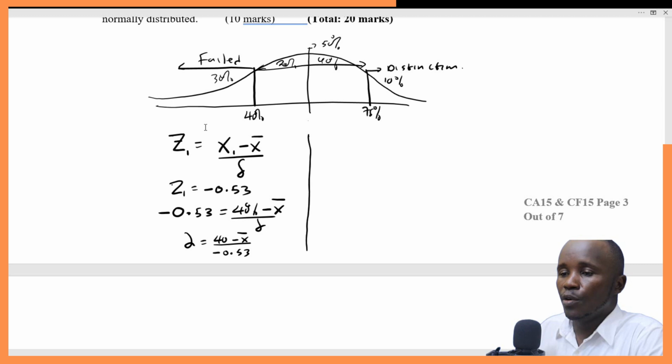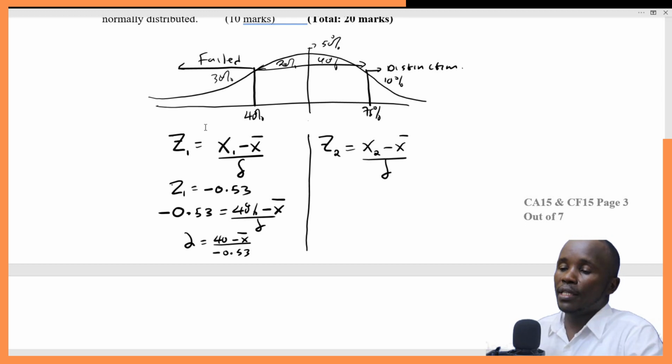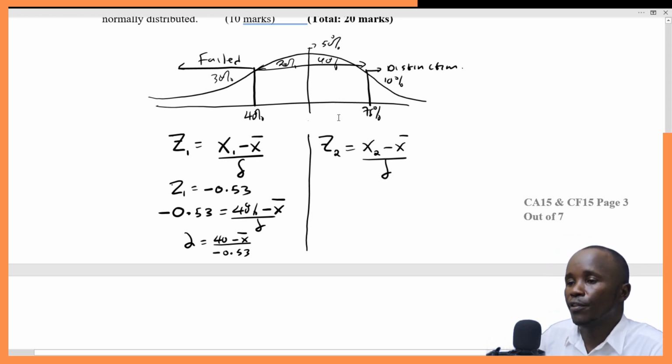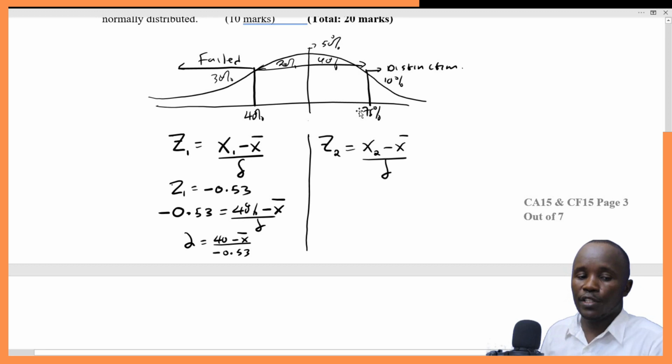Secondly, we need to find our Z2. Z2 is X2 minus the mean divided by standard deviation. Now, how do we get Z? This is 30, 20, 40. We need to look for Z at 90%, because when you add these, they give you 90. So let's find the value of Z at 90%.